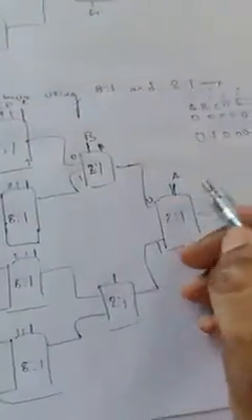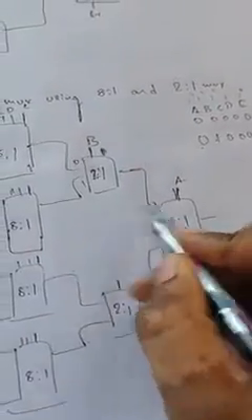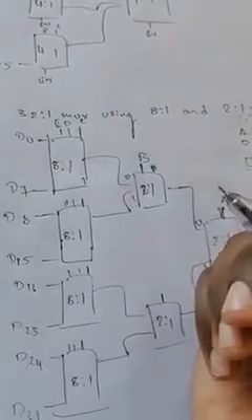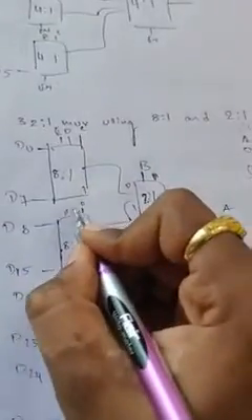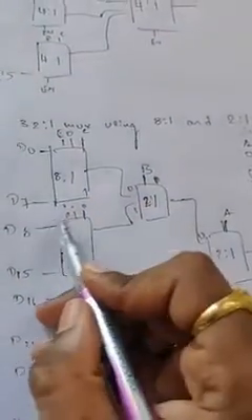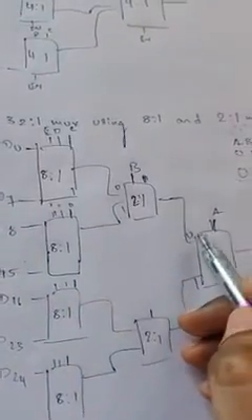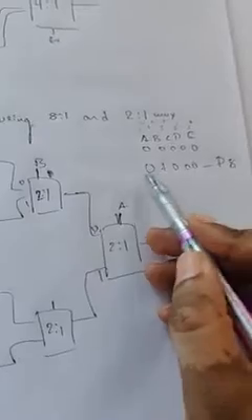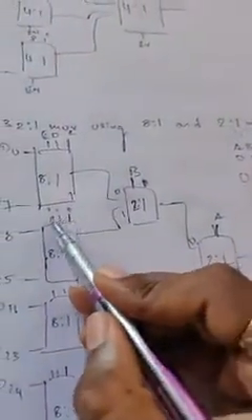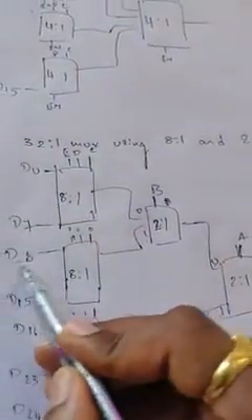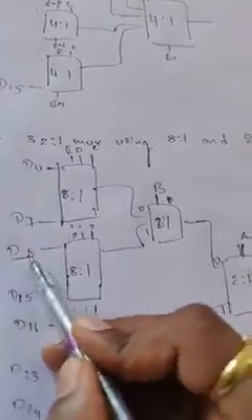So you want D8 to be selected. So 0, 1, 0, 0, 0. You should go like this: 0, 1, 0, 0, 0. So 0, 0, 0 means it has to select the first data input in this multiplexer, that is D8.